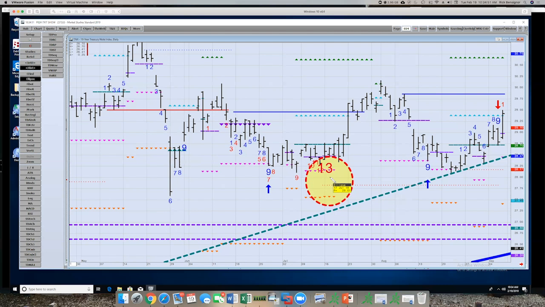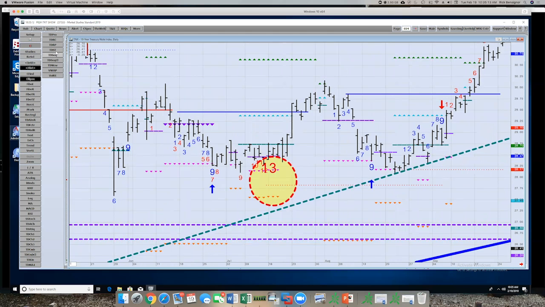And sure enough, a lot of times you see significant reactions off of sequential full 13 counts. And this kind of called the bottom to the day, and it never traded lower, at least not for another month or so. So we moved up, which would have been a decent trade.